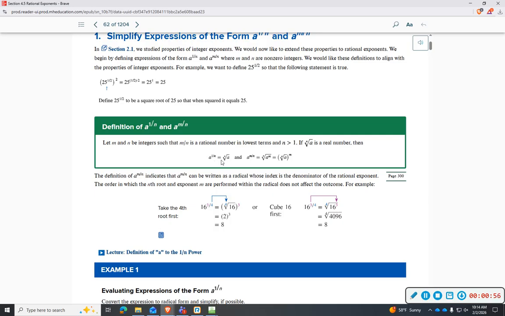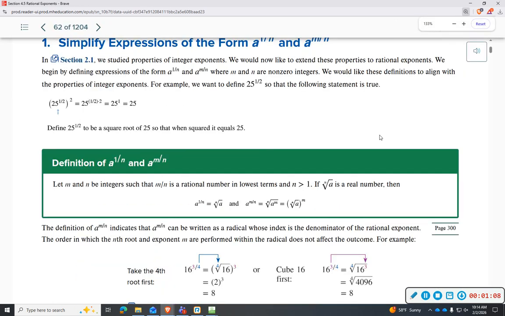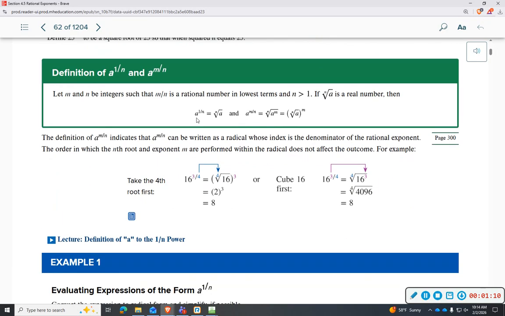Whatever the root you're using, that's going to be the denominator of the rational exponent. Can I zoom in? It seems like it's kind of hard to see. There we go. It's still a little fuzzy, but 1 divided by n as an exponent is the same thing as taking the nth root of that value.